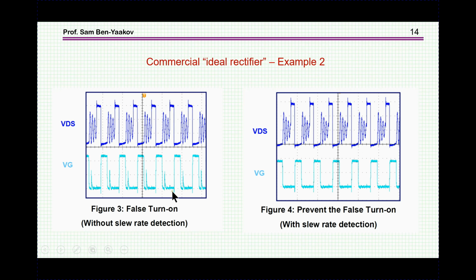I have not used it personally, but I'm sure that it's going to be used in the future, and I'm definitely going to use it and try it. It is a potentially useful approach that would simplify systems by eliminating the need for a tight control of the synchronous rectifier.